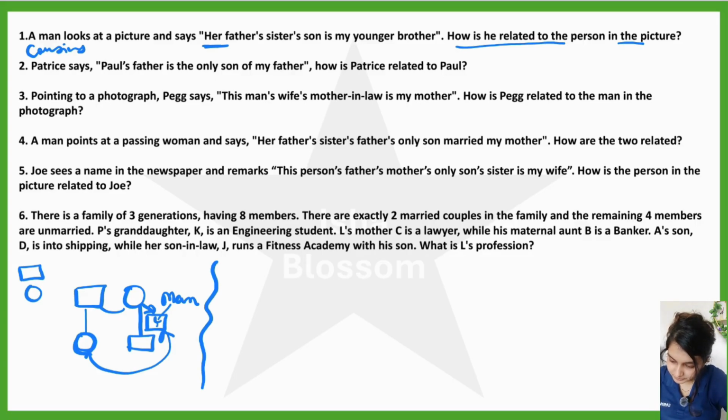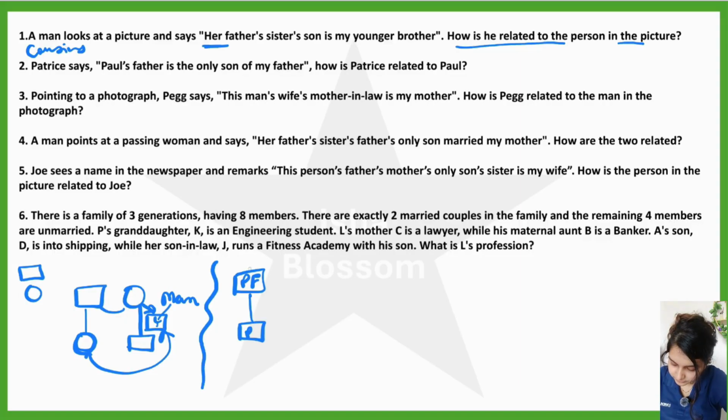Now, second question. Patrice says Paul's father is the only son of my father. How is Patrice related to Paul? Okay, so let's say this is Paul. Paul's father is the only son of my father.